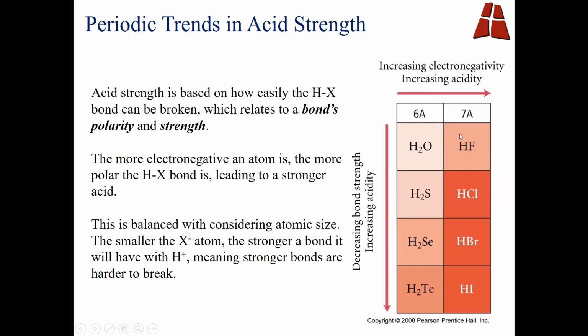That's why water and HF are weak acids, whereas when we get to HCl, HBr, HI, those are both electronegative and big, so they are strong acids. And then we see if we go down column 6, we end up getting stronger and stronger acids as our atoms get bigger and bigger.